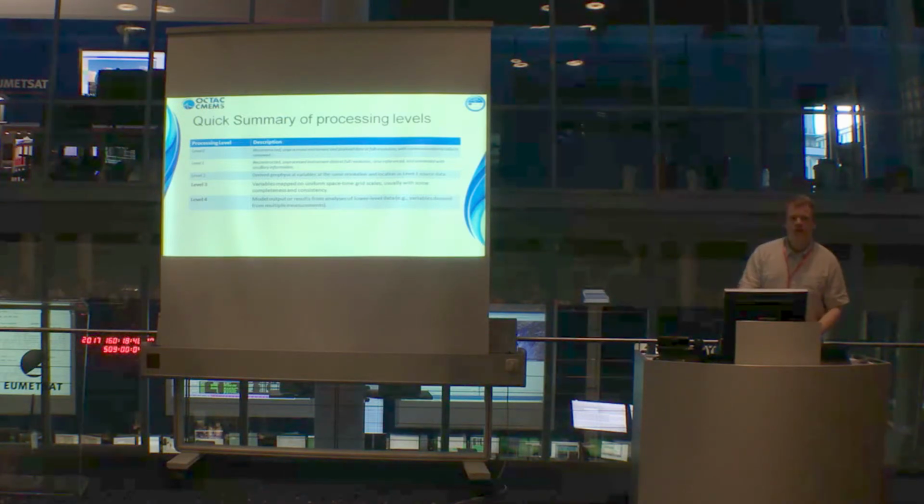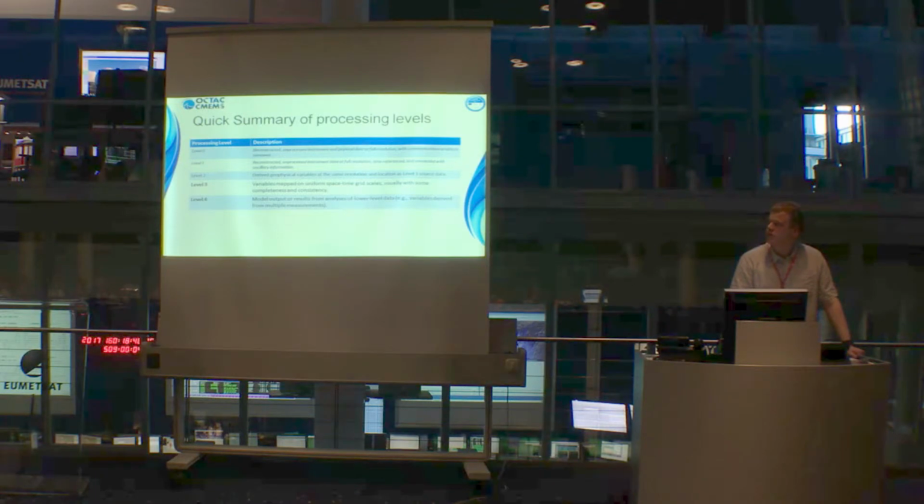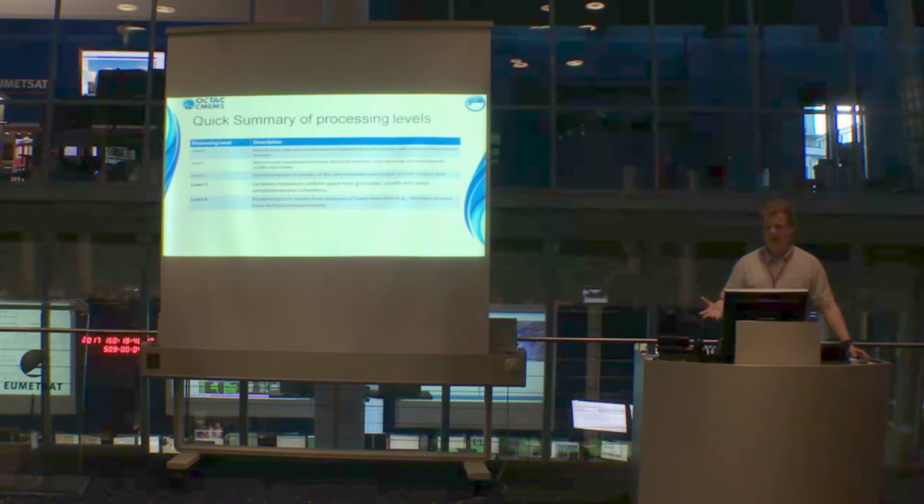At level 2, we start applying various scientific algorithms to get access to the products that we've been talking about. Things like chlorophyll are derived from various wavelengths from the spectrophotometers, and pretty much all of it is to do with measuring either color, heights, or temperature.